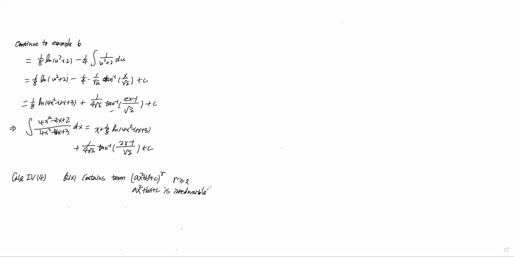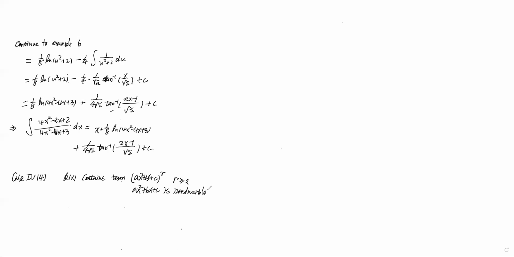You may ask, what if it is reducible? If it is reducible, it can be reduced to case 2, which means we already did that part. So that's why we assume it is irreducible.